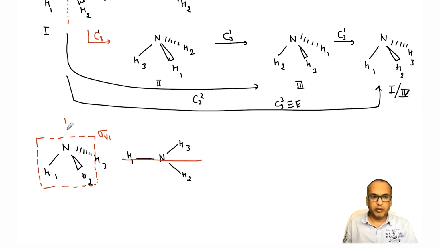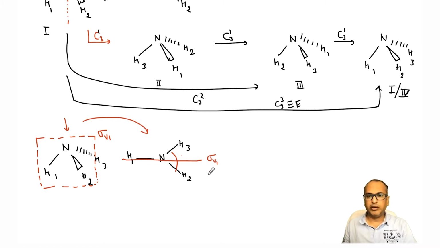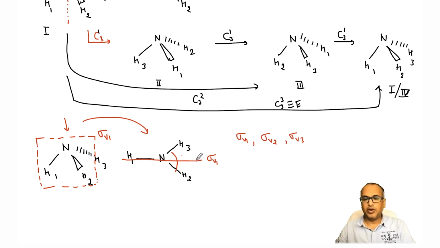This plane would contain N H1 and will bisect the angle H2 N H3, so this will be called sigma V1. Similarly, there will be a sigma V2 and a sigma V3. These are the symmetry planes present in ammonia.